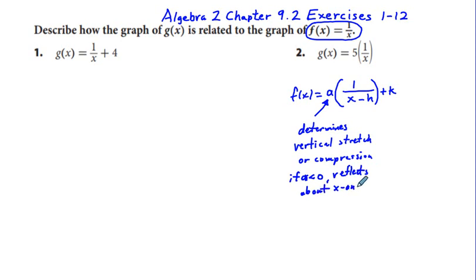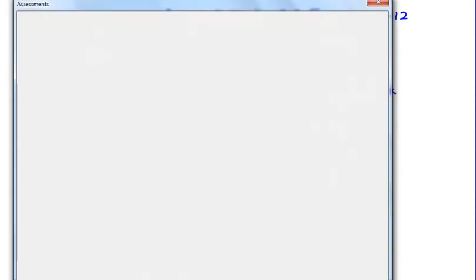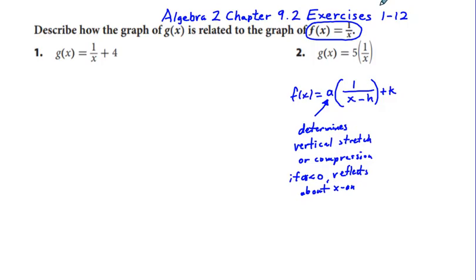And if a is greater than 0, the function does not reflect.